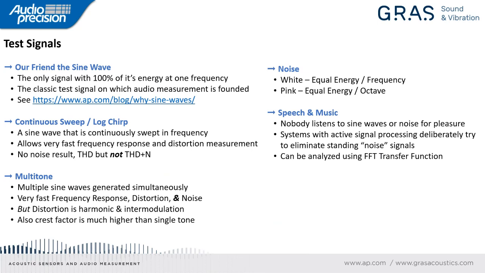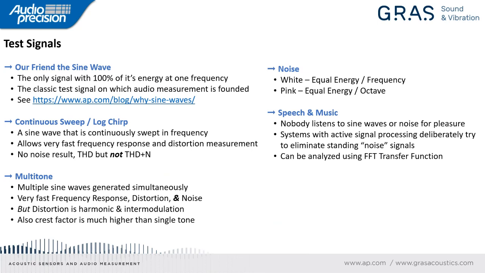A third test signal is a multitone. A multitone is again a sine wave, but imagine a sine wave made up of all the test frequencies you wanted to check simultaneously. So this, again, is a technique where we can get very fast frequency response and distortion, and unlike the log chirp, we can also get noise.